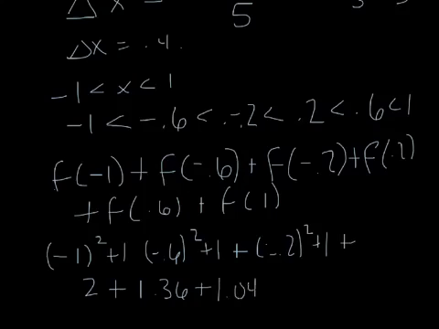You're going to add that one to 0.2 squared plus 1, and that's 1.04 again, because you just have the same thing. And then the last one is 0.6 squared plus 1, which is 1.36.